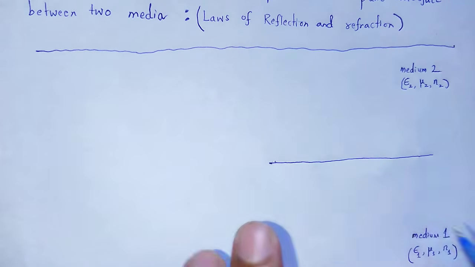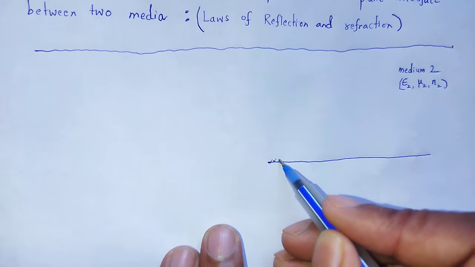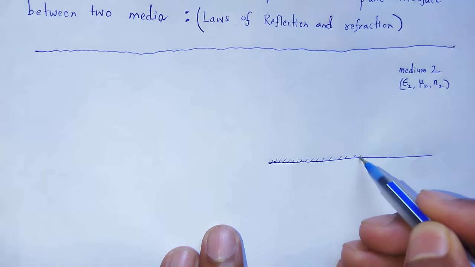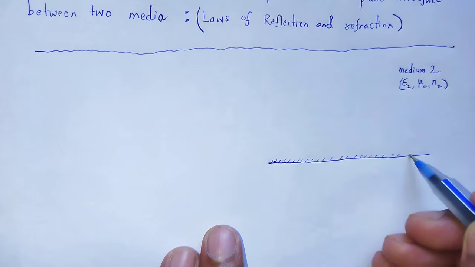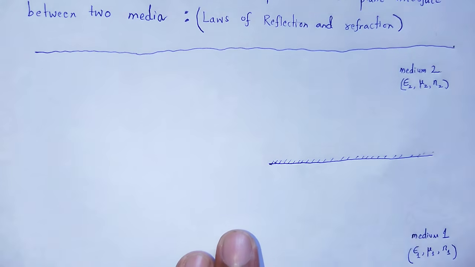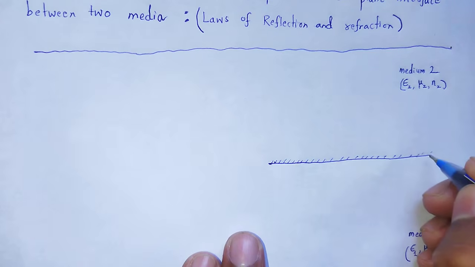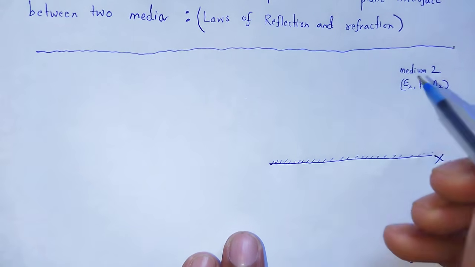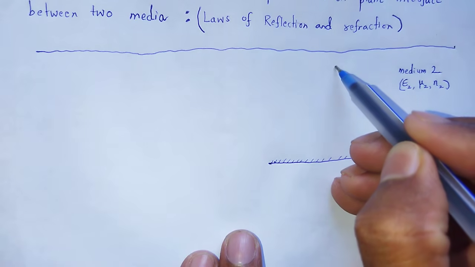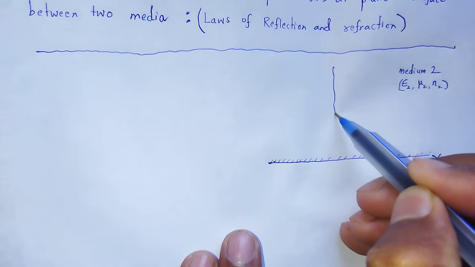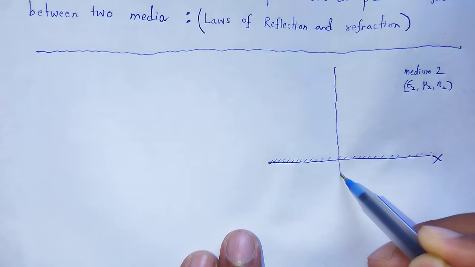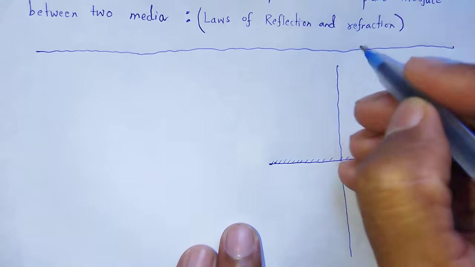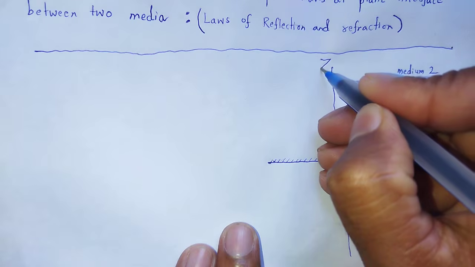That one is the interface between the two media, and in the coordinate system we say it is the x axis. The normal is drawn as the z axis.